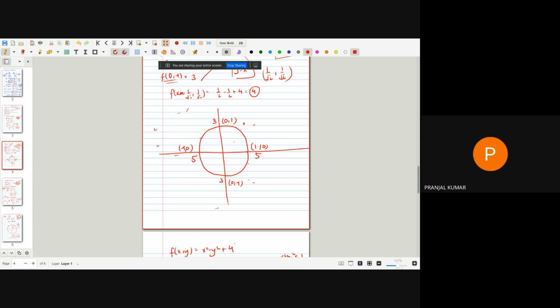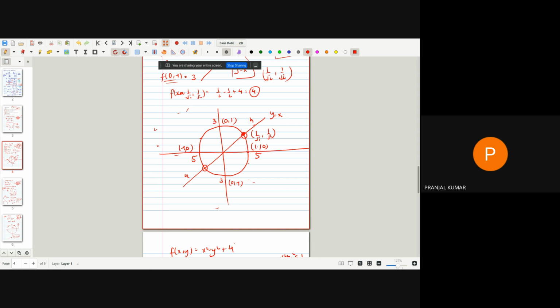Then I took another line, y equals x. For y equals x, this point was 1 by square root of 2 and 1 by square root of 2. At these two points, the function value is 4.